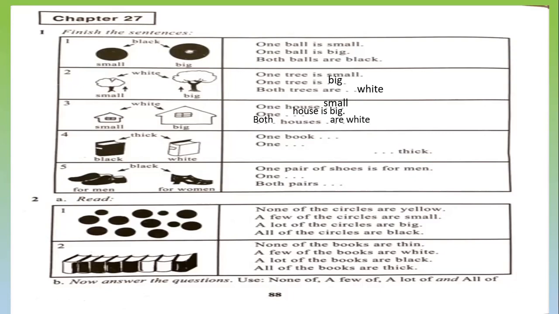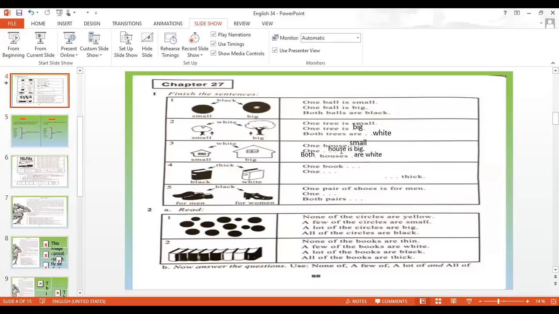Okay. Something is missing here. I will correct it. Just wait. Let's see here. Oh, this one. One house is small. One house is big. Both houses are. Here we also put the full stop.